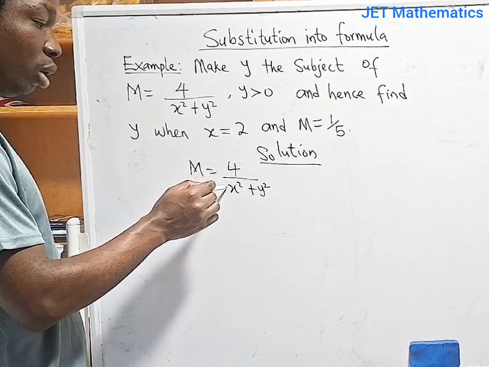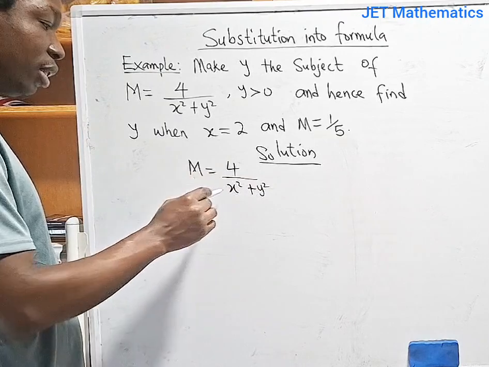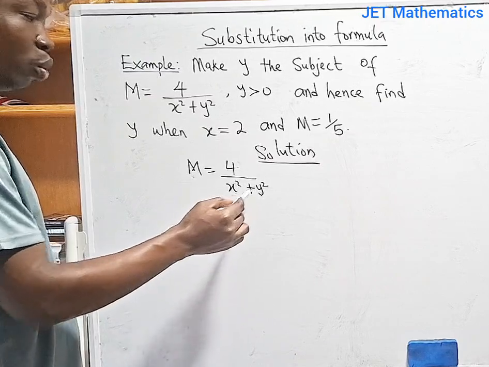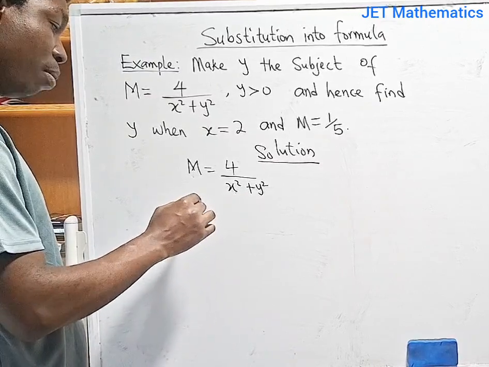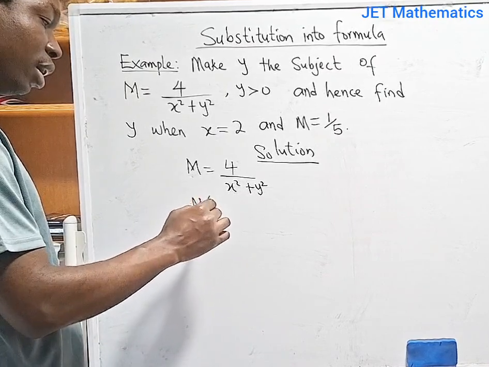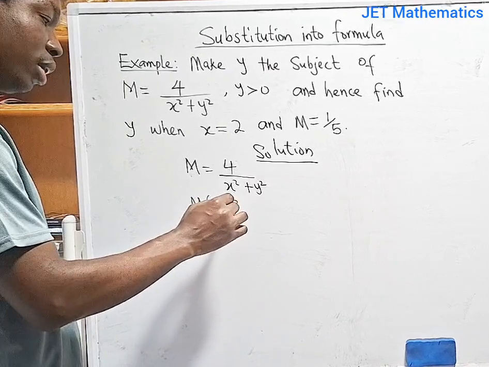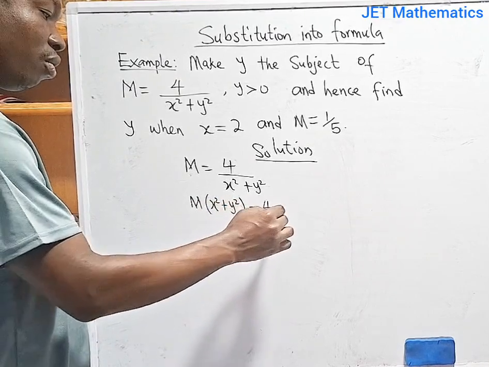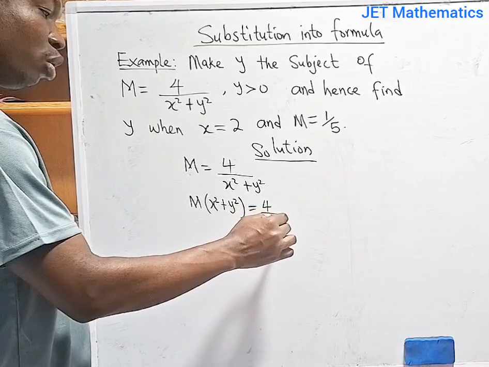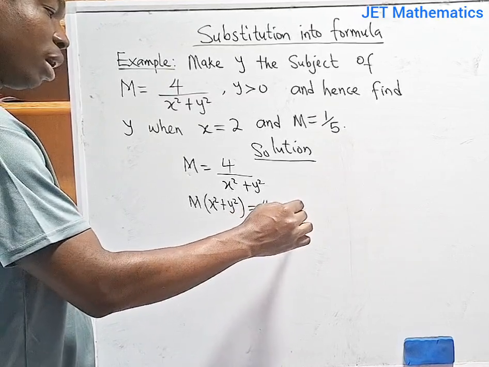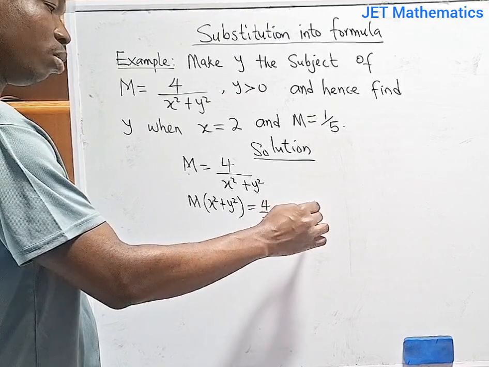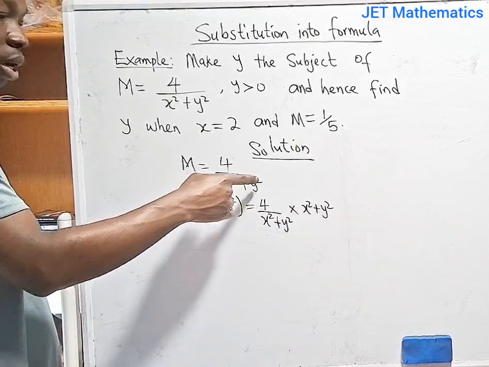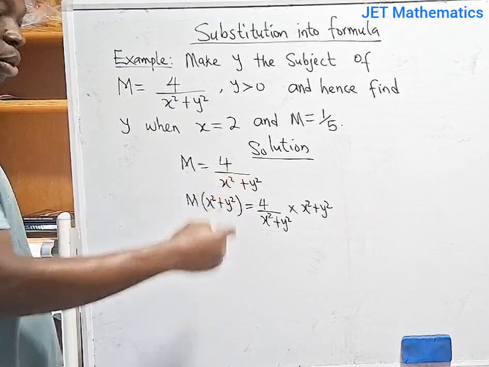So what we do, we multiply both sides by s squared plus y squared, so that we have m multiplied by s squared plus y squared, okay, is equals to 4 over s squared plus y squared multiplied by s squared plus y squared. So we'll multiply both sides by s squared plus y squared so that we can remove this term from here.